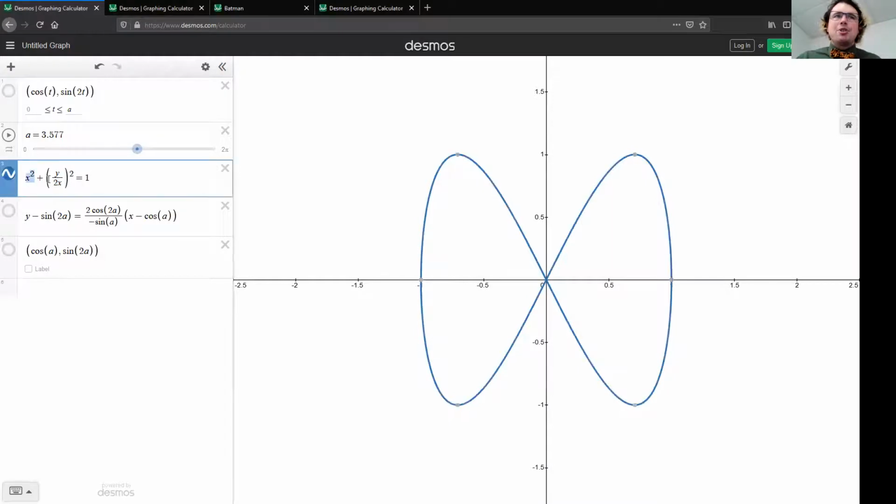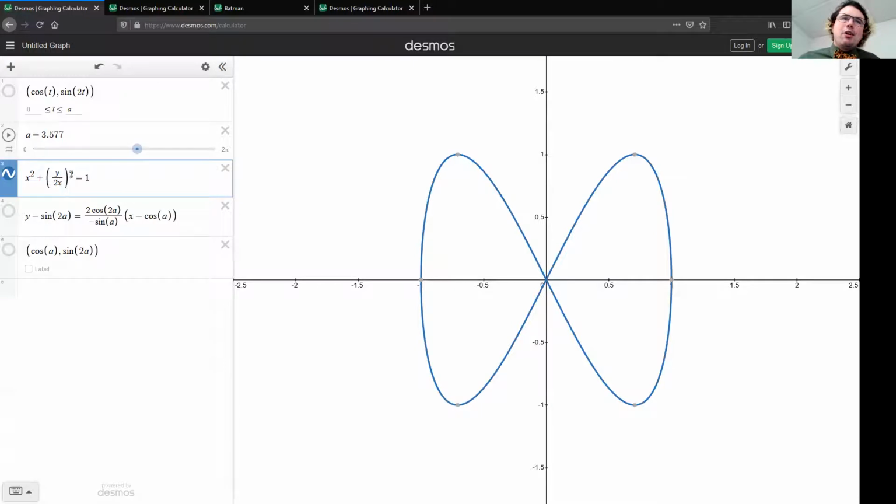Well, because these are all squared, I know that my x must be between -1 and +1. If x were bigger than that, then whatever I have on the left side here could not be equal to 1. It would be too big.